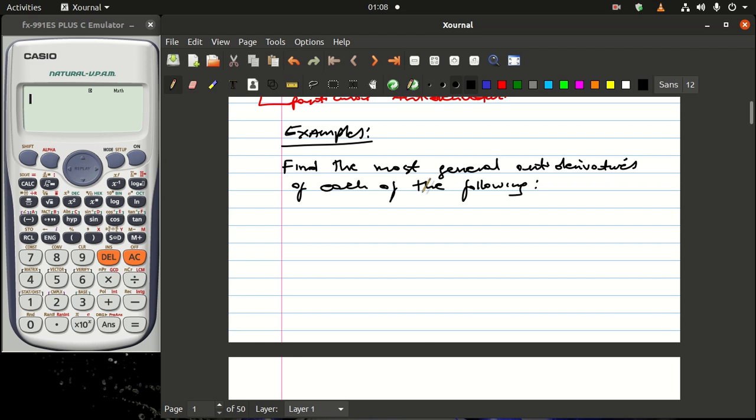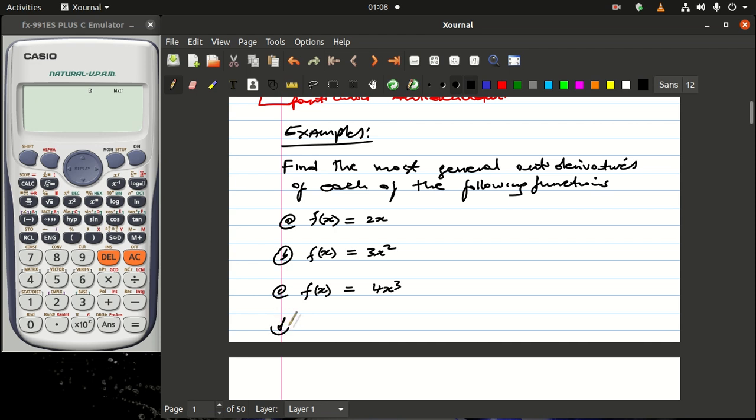I hope I will have an example like that in the future, but for now let's just look at this. Find the most general antiderivative of each of the following functions. For a, f(x) equals 2x. For b, f(x) equals 3x squared. For c, f(x) equals 4x cubed.